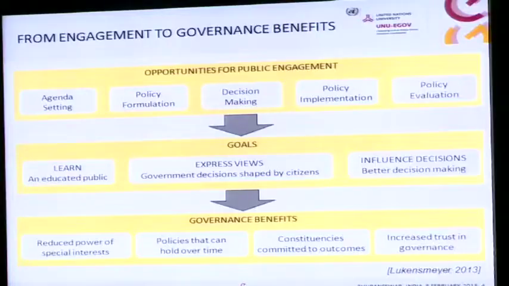We can also have policies that can hold over time because they better represent the interest of the society. We have constituencies committed to the outcomes of the government programs, and we also have increased trust in governance because citizens will trust more the government actions and programs.